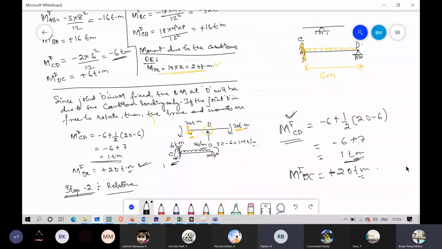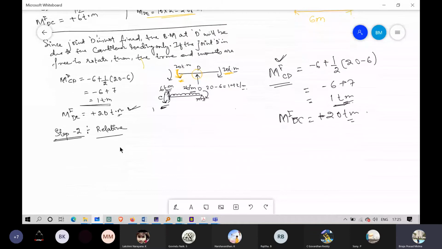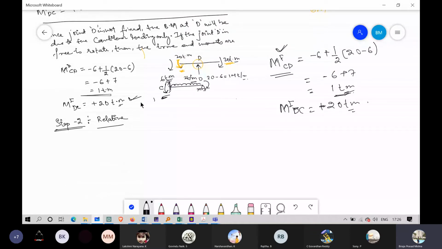Yes, sir. Okay. So in the second step, we are going to calculate the relative stiffness and the rotation factors. All of you know the relationship between the rotation factor and the distribution factor.